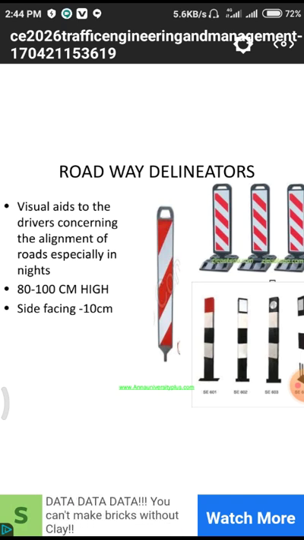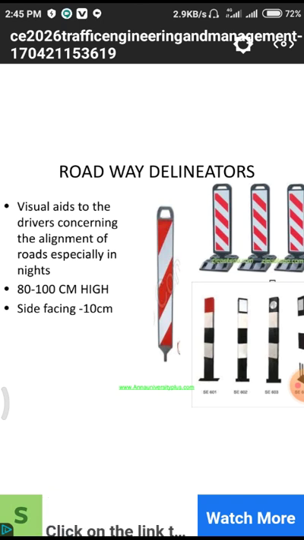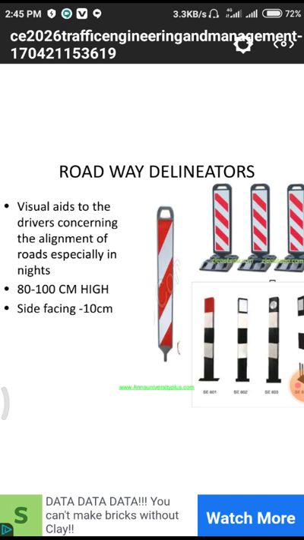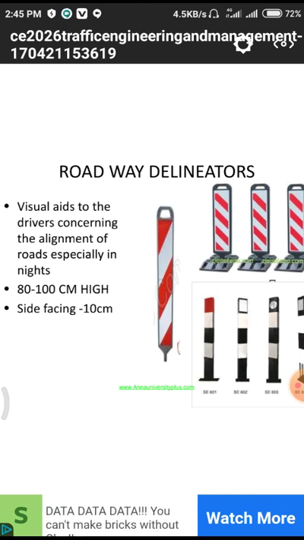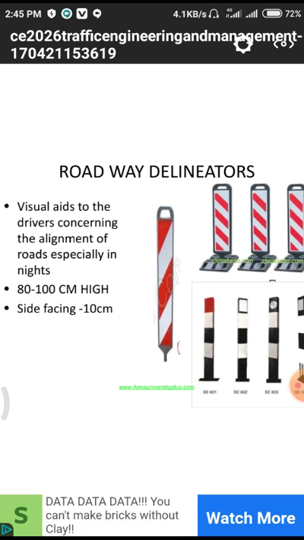These delineators have a reflective capacity, which helps the drivers to divide the road into two parts, so that they move within their own lane without any exceptions, meaning no moving to the other side of the road. The height may be 80 to 100 centimeters, normally about 3 feet, and the side facing is 10 centimeters wide.